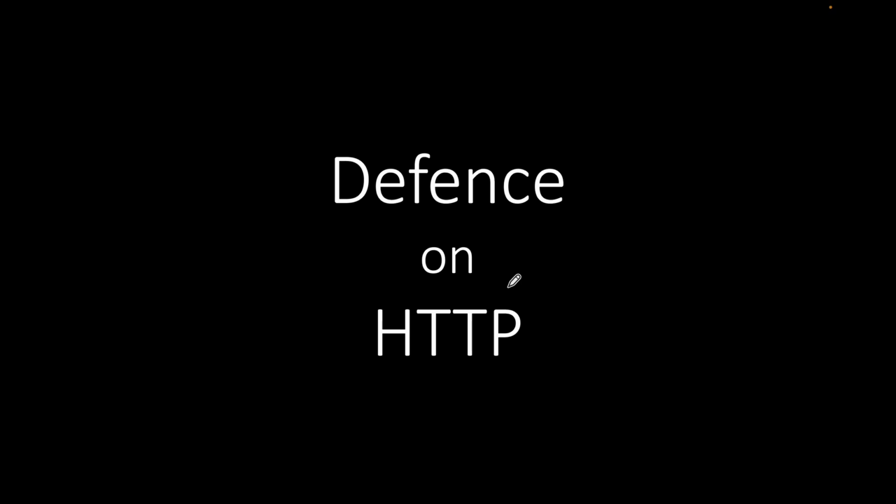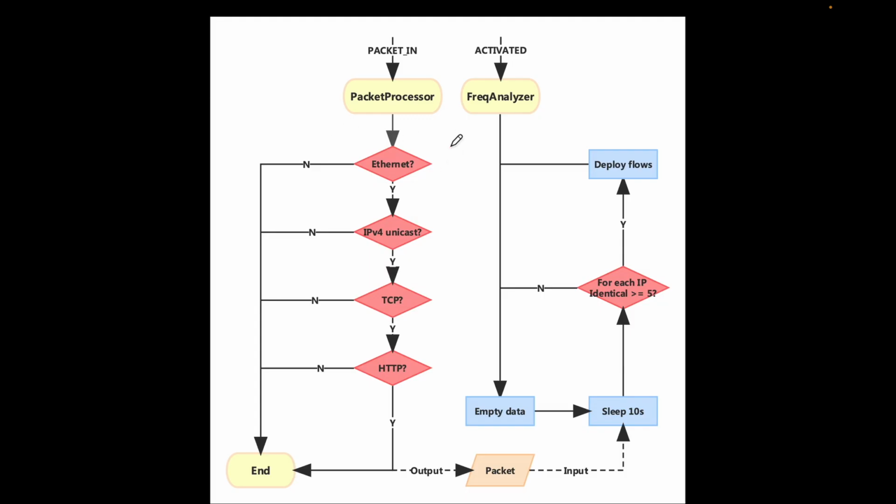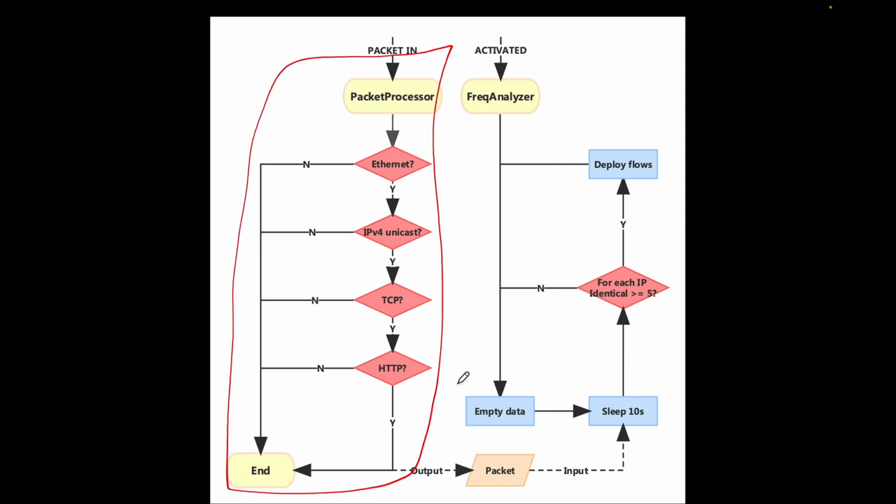Now we focus on the defense against the slow loris attack. We deploy an Open vSwitch here to inspect all the traffic. Based on our current observation, we inspect all the packets and find HTTP packets with the same timestamp. We will focus on the packets with the same timestamp and log them.